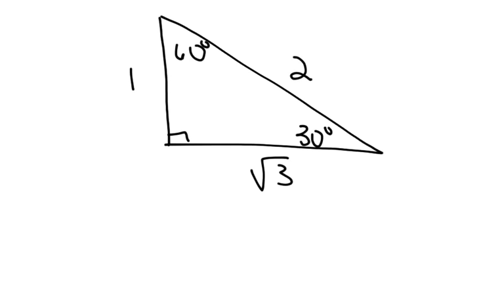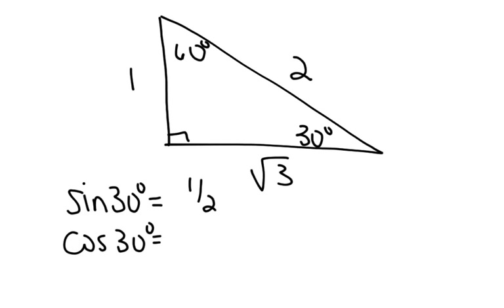There is something that shows up on the final that we didn't really talk so much about. I want to go back to your general 30, 60, 90 triangle, where this is 1, this is the square root of 3, and this is 2. Remember, the sine of 30 is 1/2, and the cosine of 30 is square root of 3 over 2.